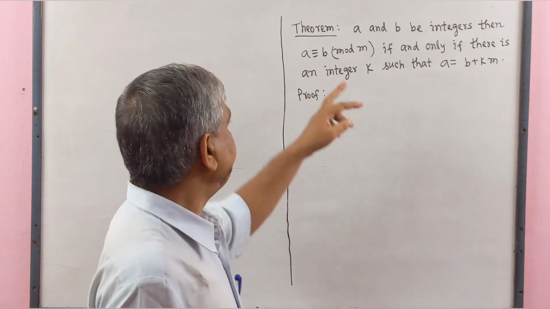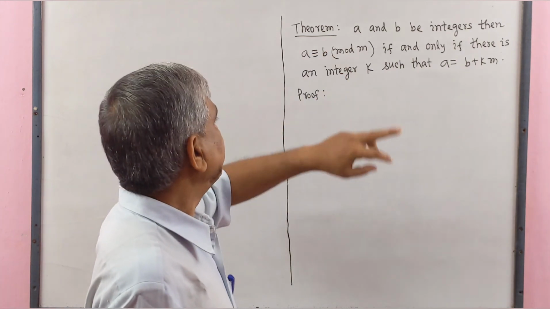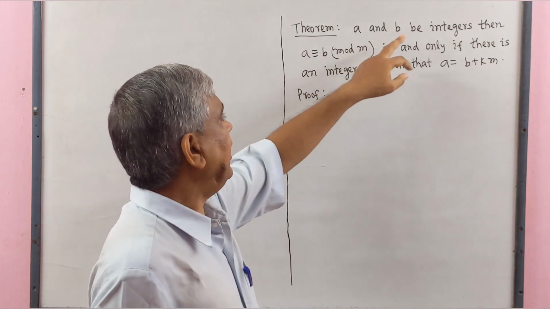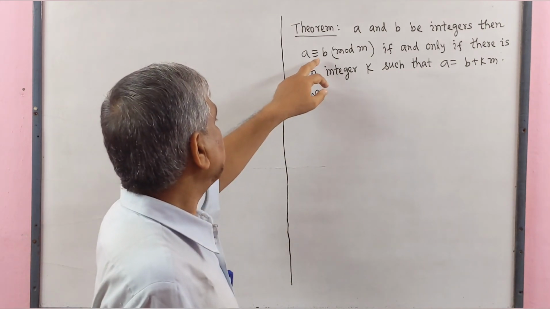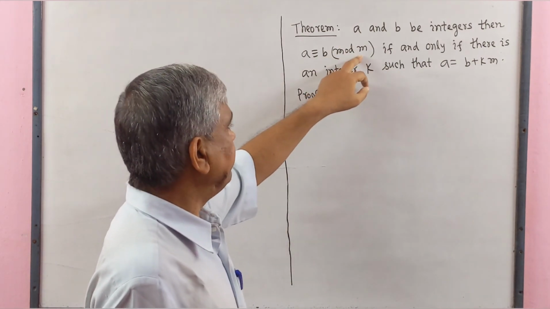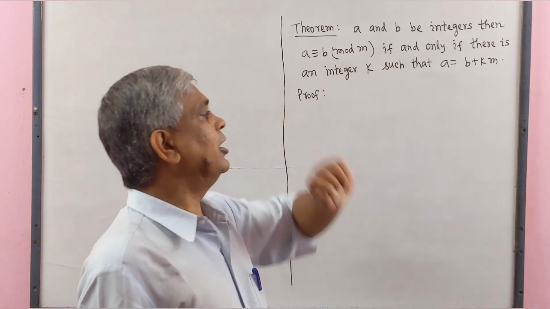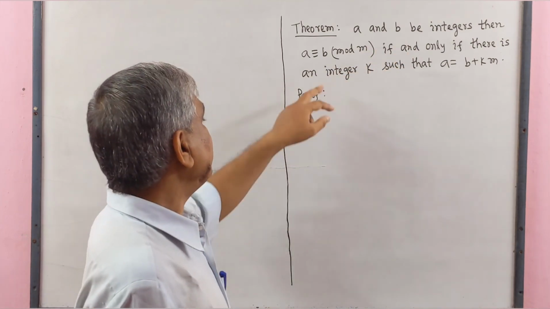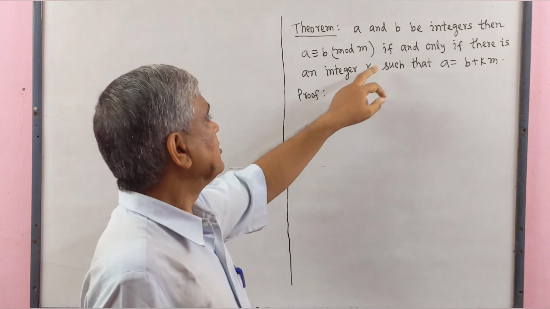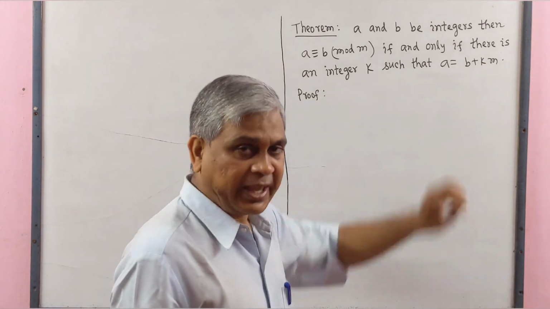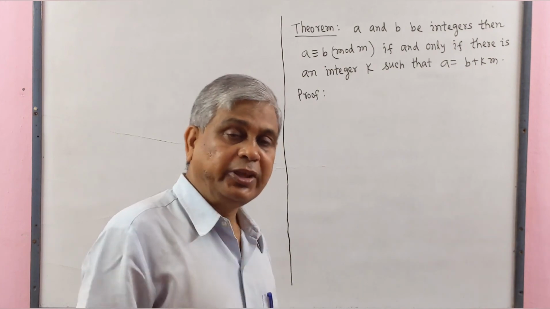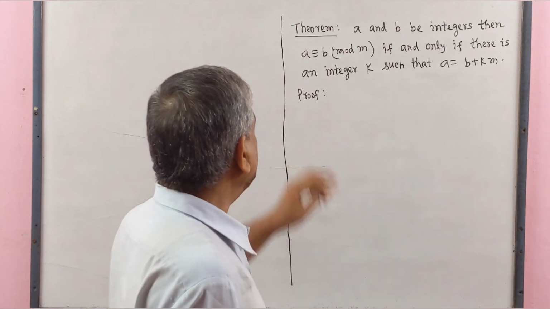Now we prove the next theorem. Theorem is a and b be integers, then a is congruent to b modulo m if and only if there is an integer k such that a equal to b plus km. Now we prove this.